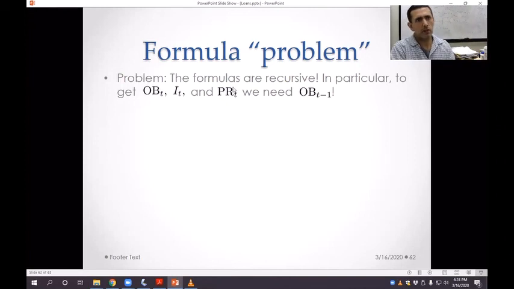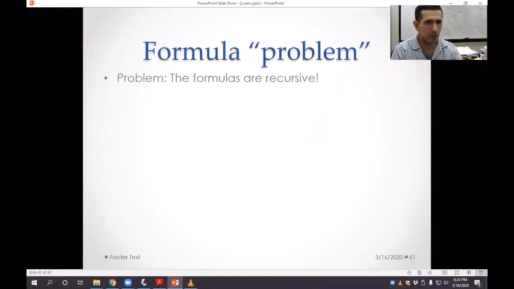In particular, all these depend on OB(T minus 1). To get OBT, you need IT and PRT. And to get PRT and IT, the principal repaid and the interest paid in the 10th year, you need OB(T minus 1), your outstanding balance at the end of the T minus 1 year.